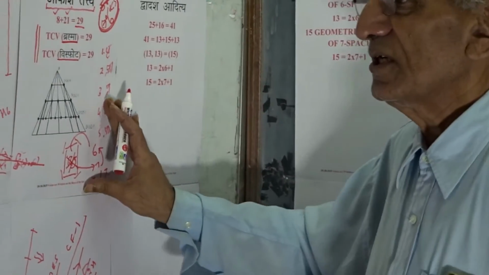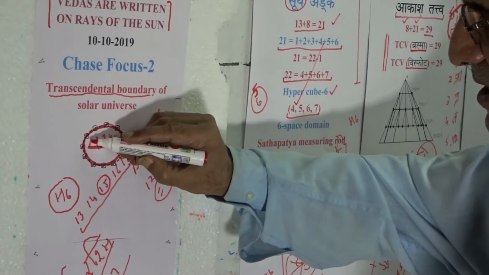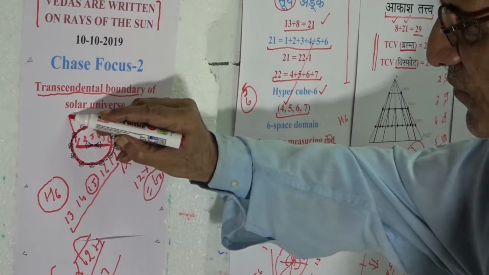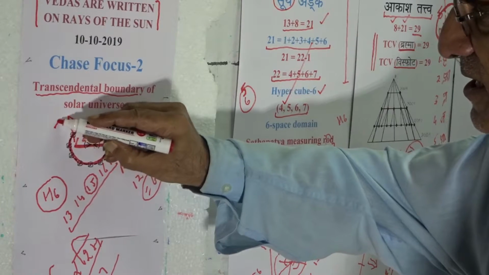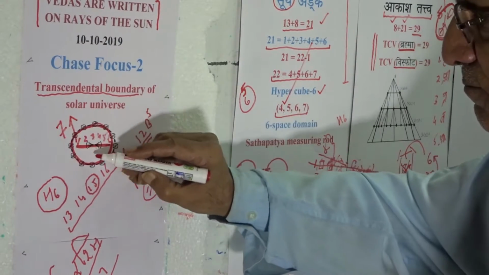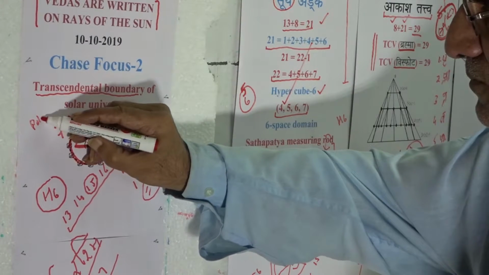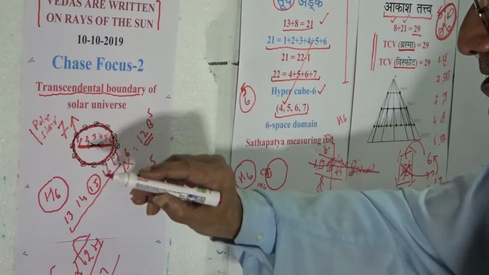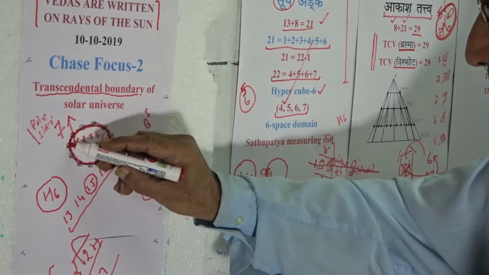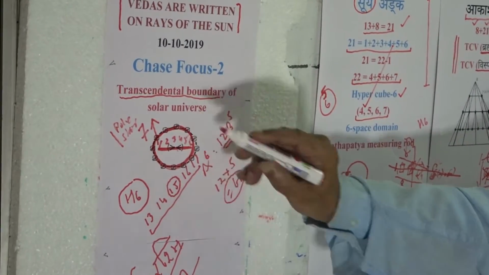As such, the transcendental boundary, this 5 space, when will be stripped off, it will be dimensionalizing the outer space as a 7 space, means it will be taking us to a pole star. Therefore, a reach from the transcendental boundary is a reach to a pole star.